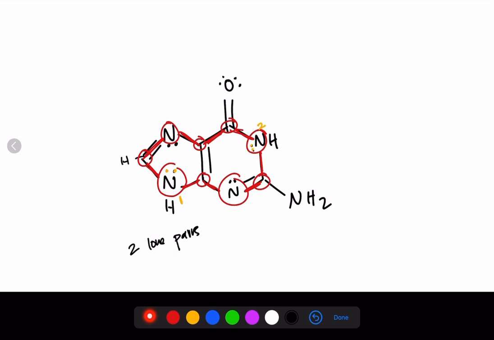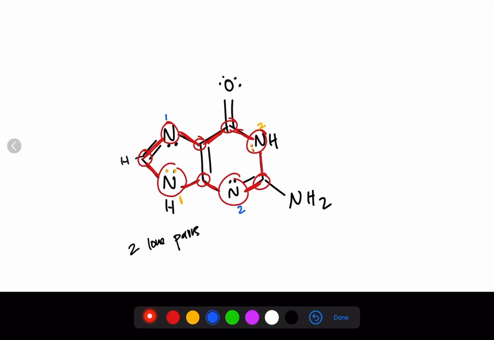Now, for the two nitrogens that do have a pi bond, they already do have a pi bond. So the lone pair that they have cannot be in the p orbital because the p orbital is already filled by those two electrons in the pi bond.